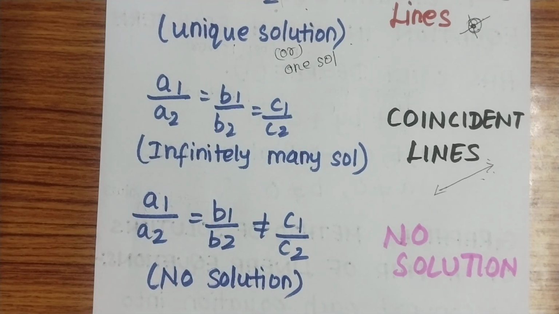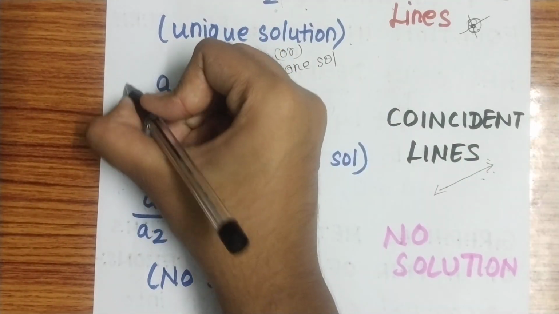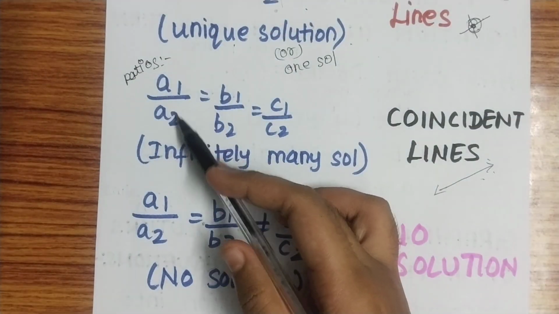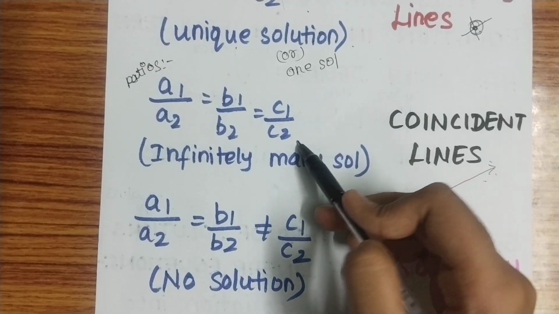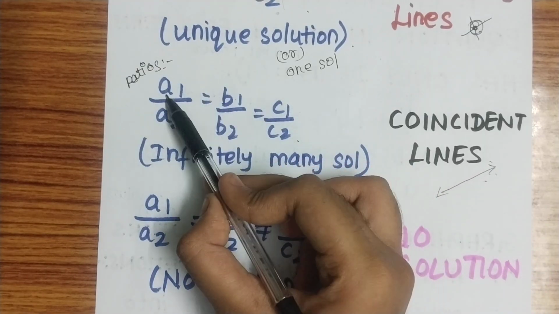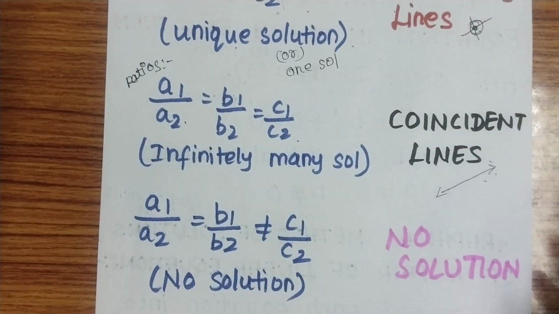If they give you only the equations and ask whether it is a coincident line without plotting the graph, we can go by these ratios: a1/a2 = b1/b2 = c1/c2. All the ratios of the coefficients of x and y and the constants should be equal. If it is equal, I can say, without plotting the graph, that it is coincident lines which have infinitely many solutions.